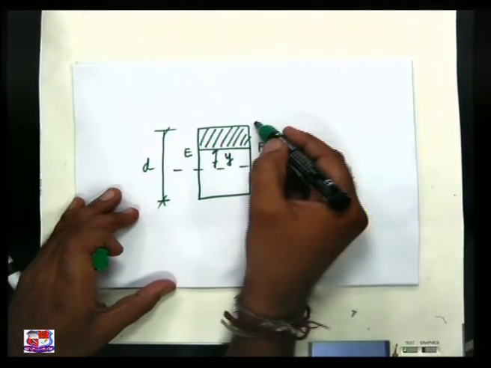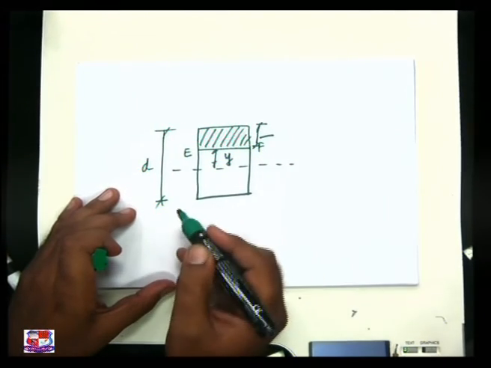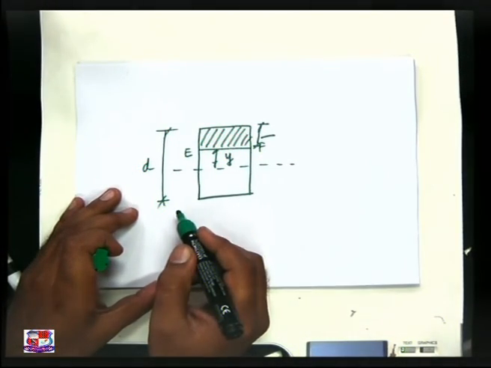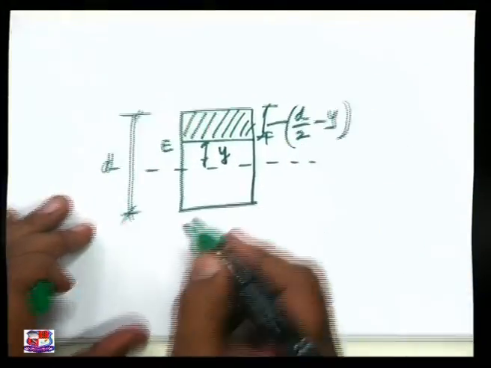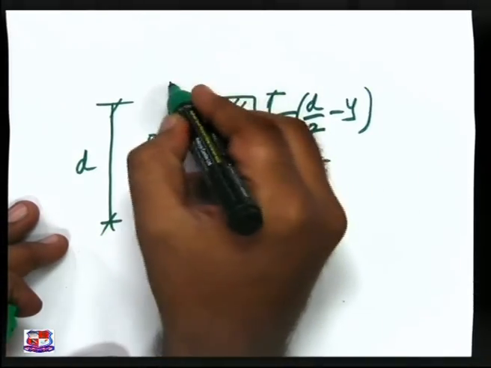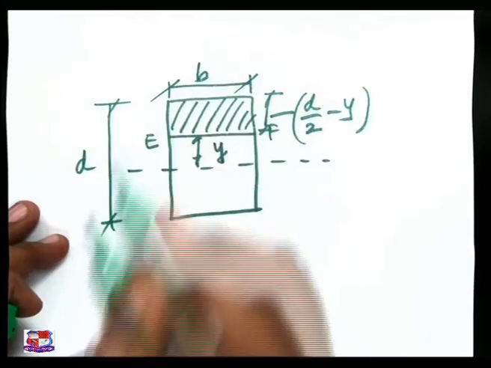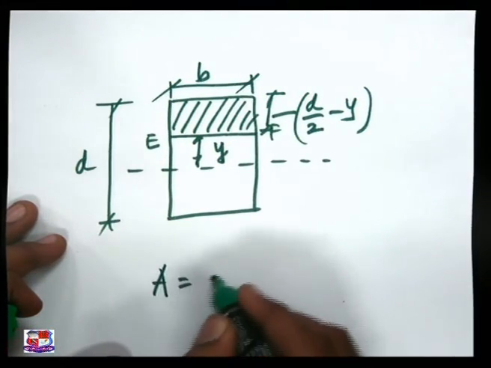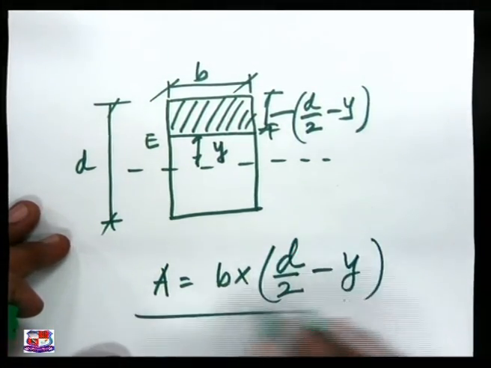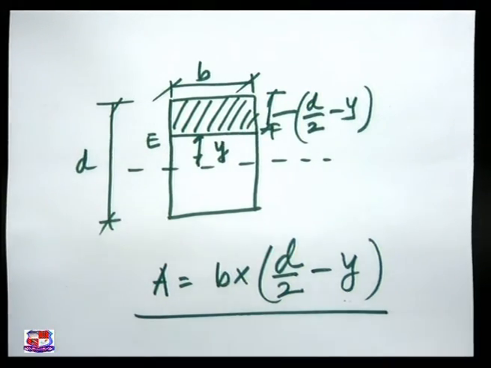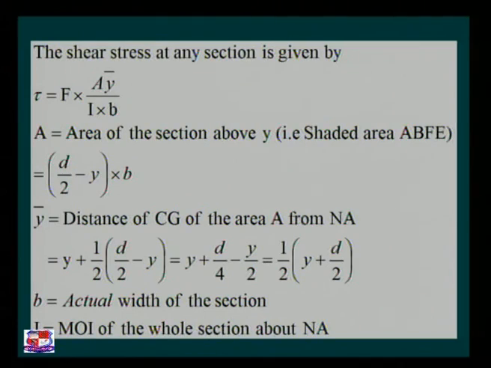So this available depth is D minus 2y, and this is B. So the area available to us is B into D minus 2y. If we refer to the PPT, A is equal to B cross D minus 2y, which is the area of the section above y.